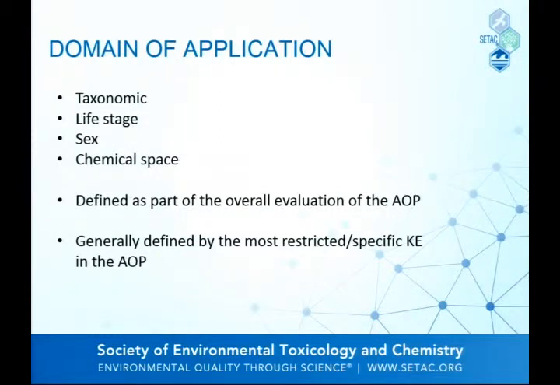And generally, we define each of these for the key events. So we say this key event, this enzyme is only found in vertebrates. So that would narrow our scope to vertebrates. We say this particular protein, vitellogenin, is only physiologically relevant to females. So now we've confined ourselves to female vertebrates. So basically, the most restrictive of your key events in terms of the taxonomic relevance will generally define the overall applicability of the entire AOP.